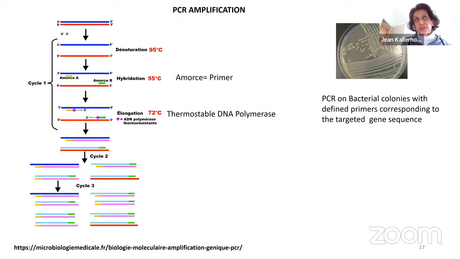You know which primers have the corresponding gene you are looking for, you can make PCR, and within 3-4 hours, you can know whether these recombinant colonies are harboring your gene sequences. So this is a very powerful technique to screen bacterial colonies. So I have one question.